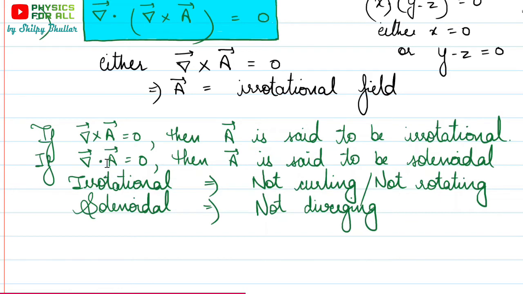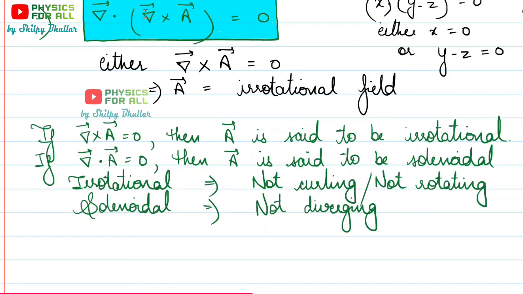And if divergence of any vector field is 0, then that vector field is said to be solenoidal. Here irrotational means something which is not rotating, and solenoidal means something which is not diverging.